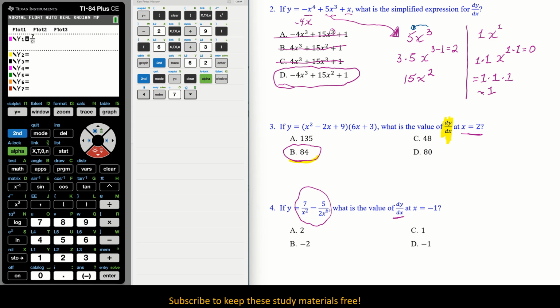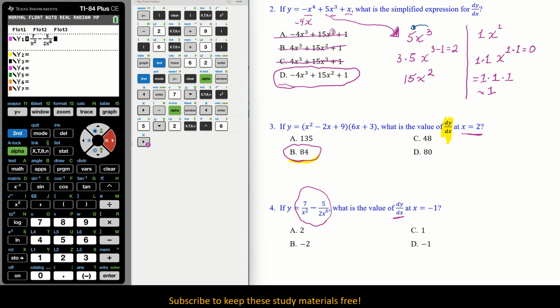I arrow down. And then I have x squared. I have to arrow over to put in my subtraction and then repeat the process of alpha, window, arrow over. Go ahead and push enter because I want number 1. And then I have 5, arrow down, 2x, caret up to the 6. I'm going to arrow over so you see it all. Okay, there we go.